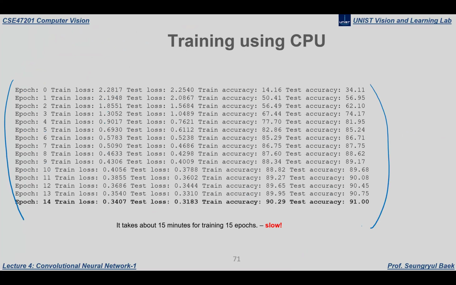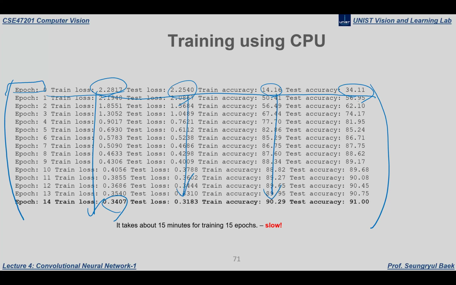So for each epoch, seeing one entire training data, we are visualizing our training loss, testing loss, and accuracy. And you can see our loss is gradually reduced and accuracy is gradually increasing.